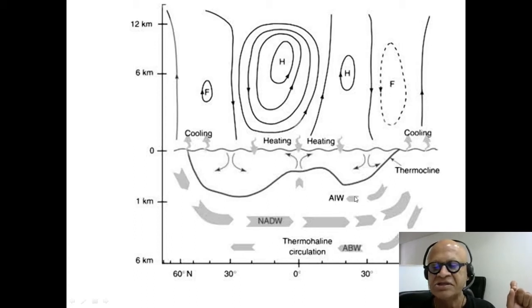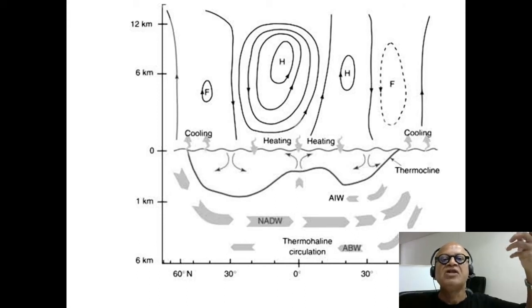There's Antarctic intermediate water coming up here, coming down here, and the North Atlantic deep water gets pulled up in the Southern Ocean between the Antarctic bottom water and the Antarctic intermediate water, where there is Ekman divergence and upwelling. So that dynamic upwelling in the middle of the ocean there, because of the strong divergence of the west wind drift and the east wind drift, pulls the North Atlantic deep water up to the surface here.